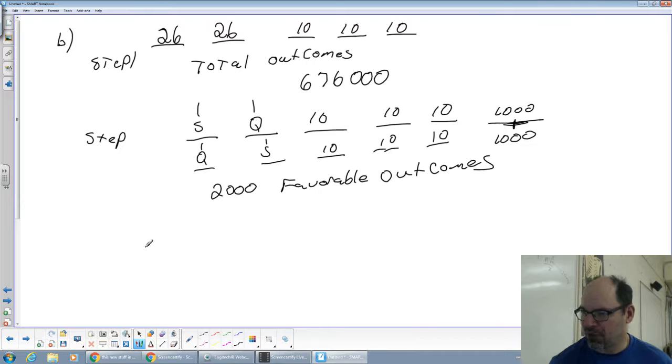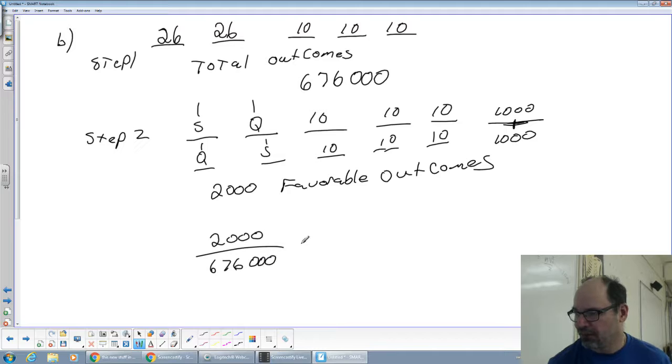Okay, so then if we do our probability now in step 3, this would be 2,000 divided by 676,000. If we go 2,000 divided by 676,000, we get 1 out of 338.